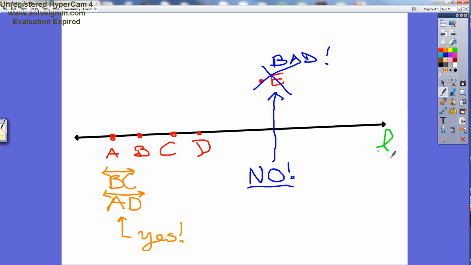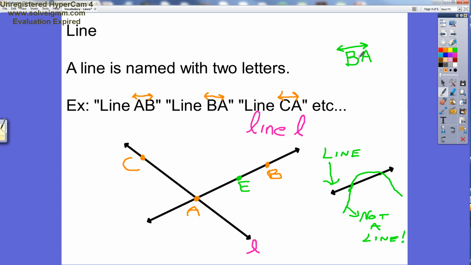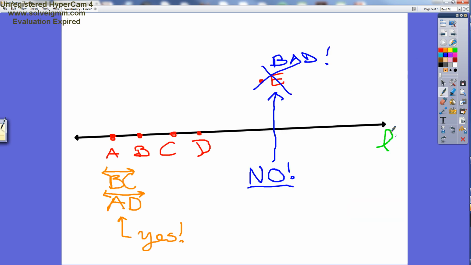But remember, we talked on the last slide about the letter off to the side. If it's an L, you can call it line L. Let's erase that, and we can use a different letter. It doesn't matter. It's just whatever the person writing the problem decides on. Let's call it a Q. That's a great thing to try and draw on a screen.